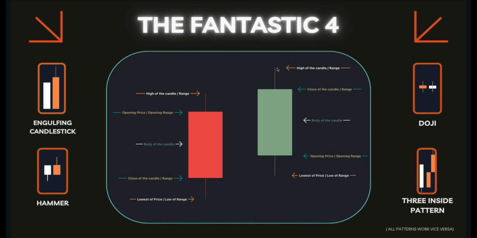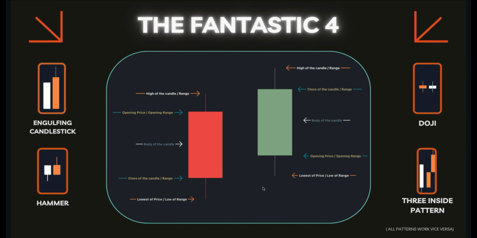So this is the highest point that price has been able to reach on a bullish candle, and then here is where price ended up closing, or where the range ended up closing. Now obviously we have the body of the candle, then we have the opening price, so this part of the candle is where price opened, and here is the lowest point that price has ever reached on a bullish candle.